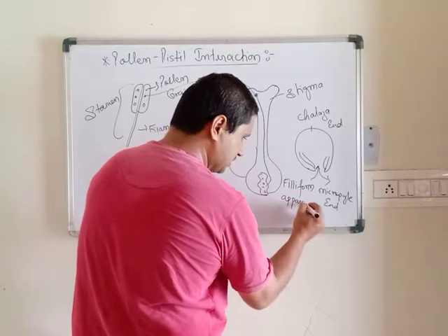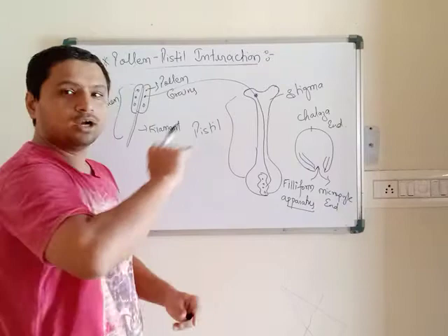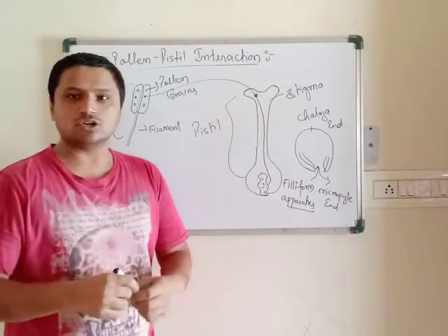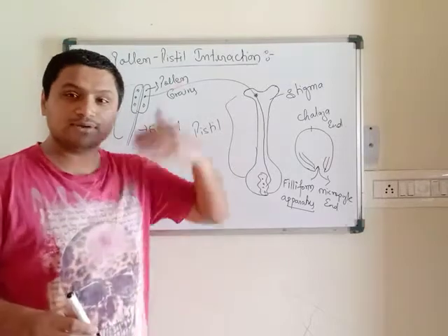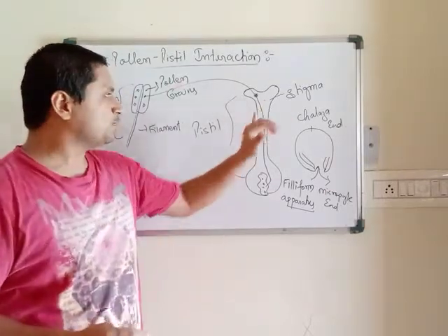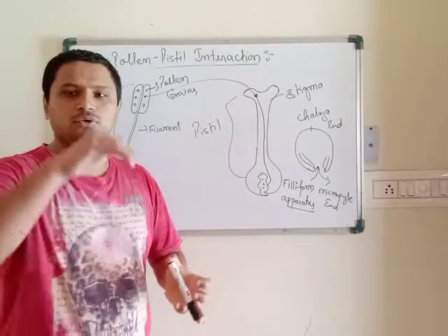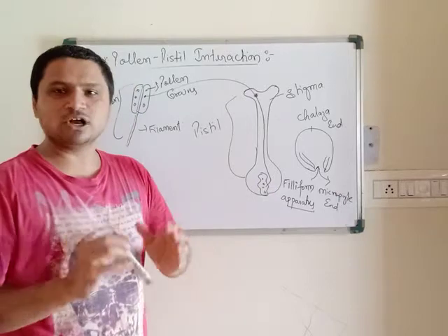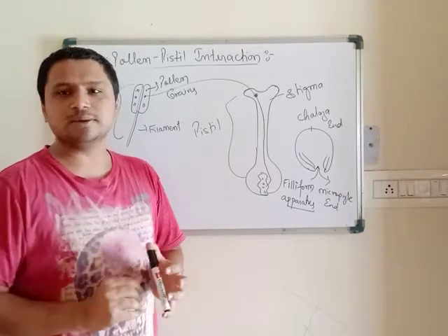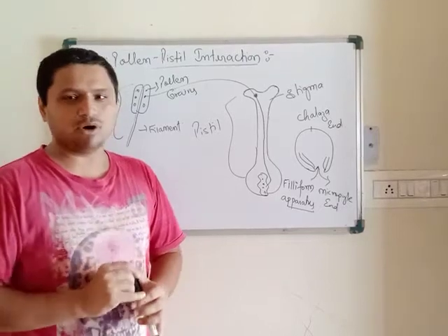Filiform apparatus. Now over here, it is interesting to know that not every pollen grain makes it to the stigma. Even if they make it, the stigma will not allow the pollen grain to enter into the ovule, because there are certain restrictions being imposed. Like not everybody can enter our home. Why?